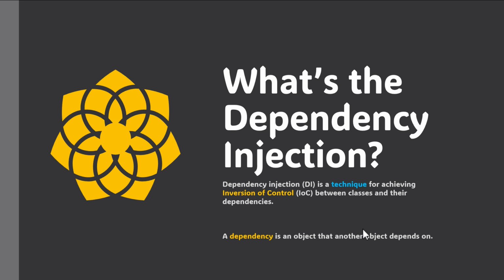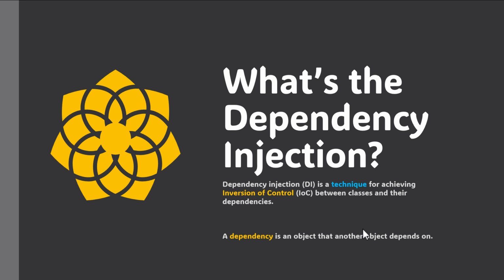Dependency injection is a technique for achieving inversion of control. IOC is about finding a way of properly managing dependencies, the connections between different classes. A dependency is an object that another object depends on.